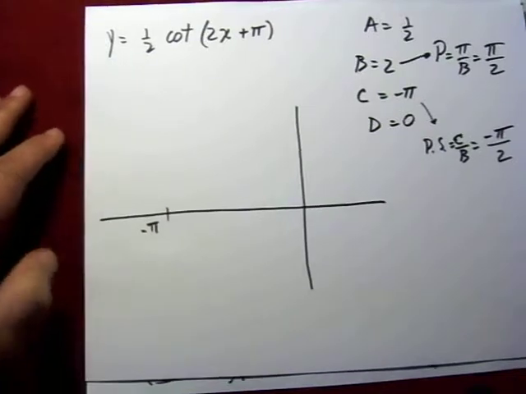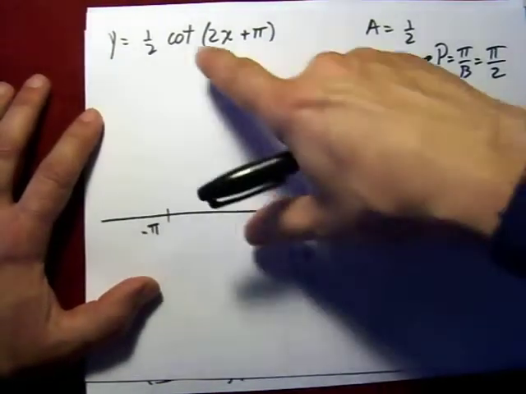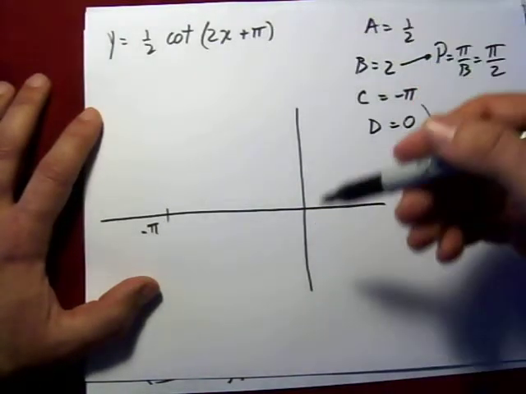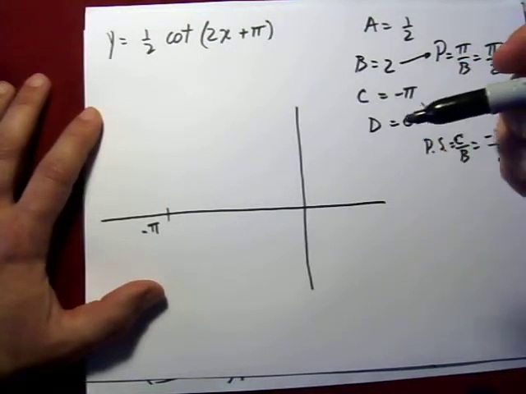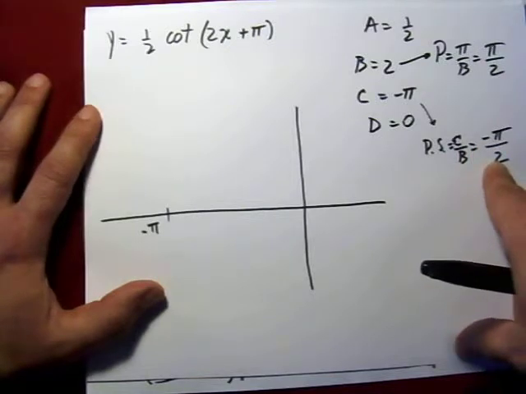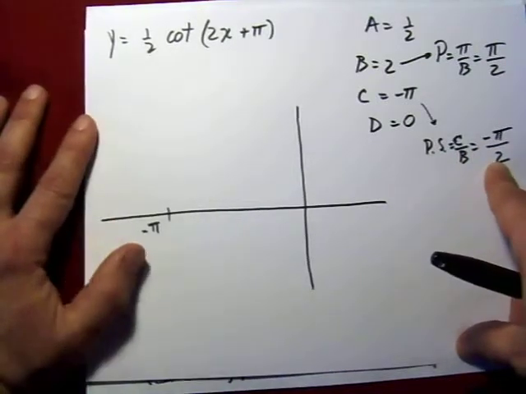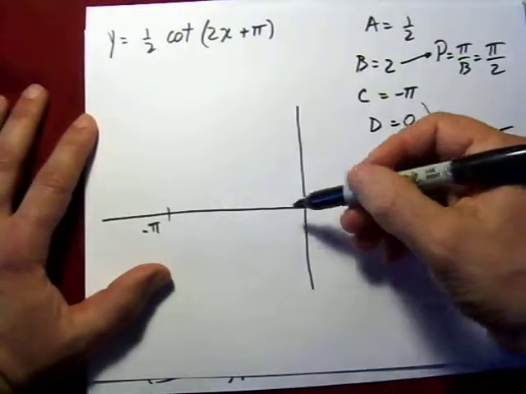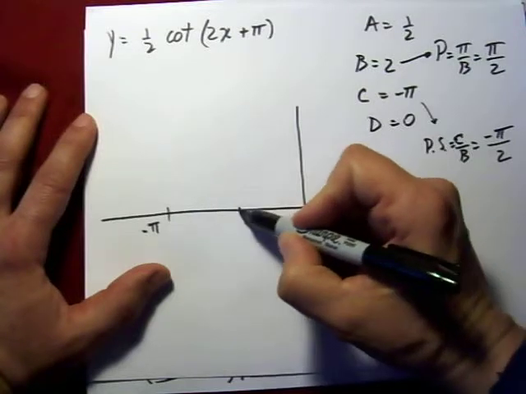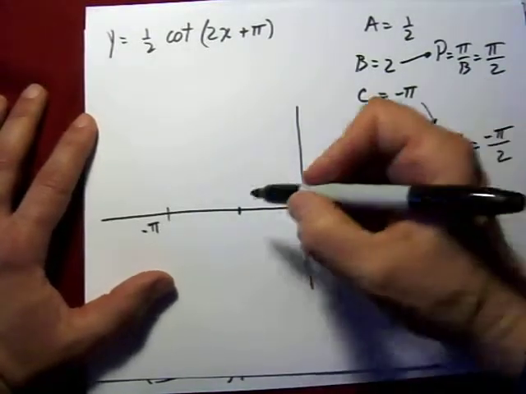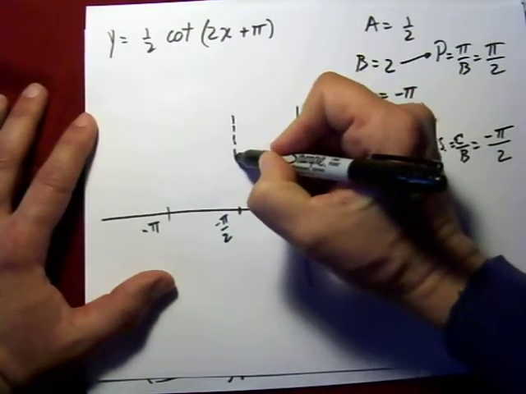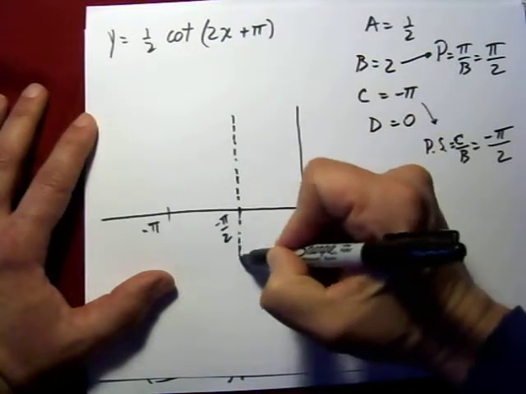Let's start graphing it. The phase shift in a cotangent function, the very first thing it affects, is the left asymptote, and that's what we want to place. We want to phase shift negative pi over 2 and place our left asymptote. If this is pre-labeled as negative pi, my midpoint would be somewhere here, and that would be negative pi over 2, and I would simply put an asymptote here.